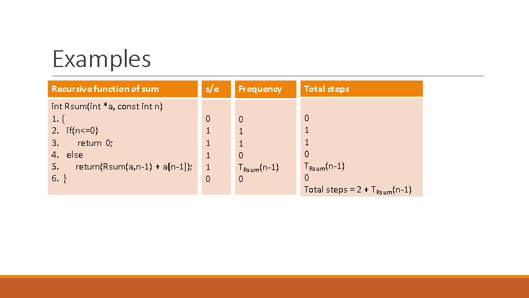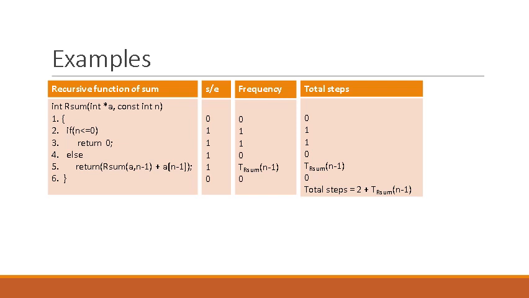That's why internally it is calling the function n minus 1 number of times. So the time required to execute RSum is n minus 1 number of times, plus these two statements are compulsory. If n is less than 0, return 0. So even if I pass n equal to 0 to this function, it is just going to execute two statements.